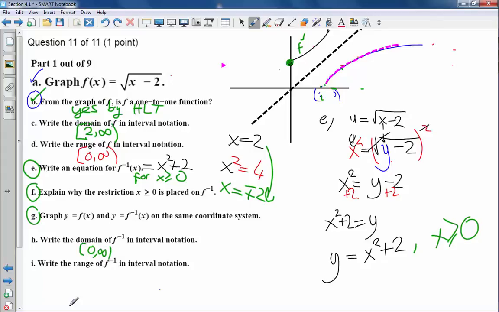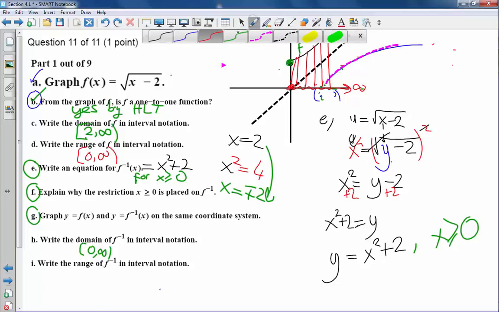If you don't trust me, literally press this down and see what domain you get. 0 all the way to the right, infinity. Same as the range of f. Range of f, domain of f inverse, match. Alright, guess how I'm going to find the range of f inverse.